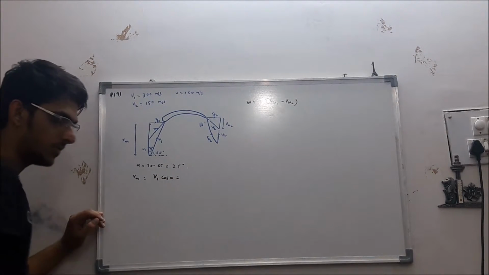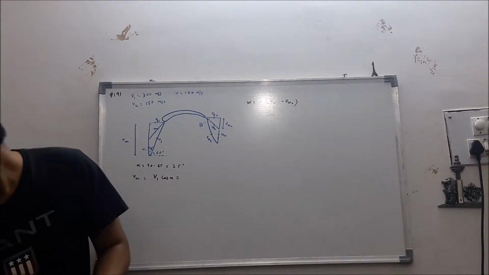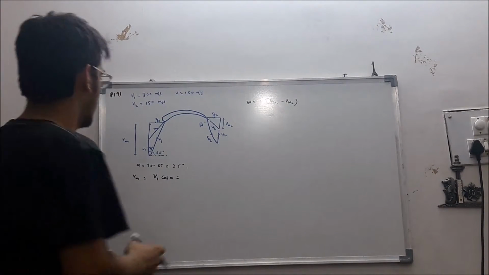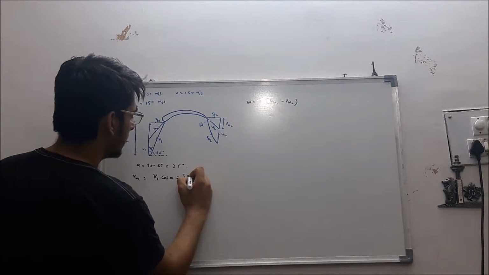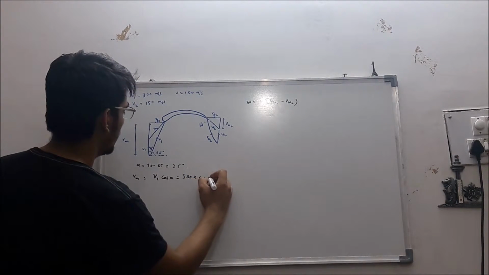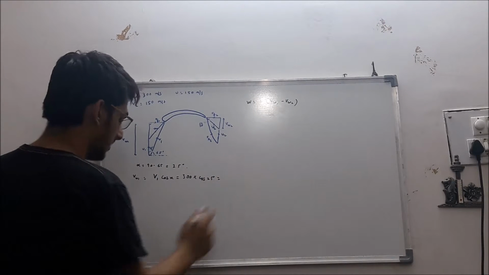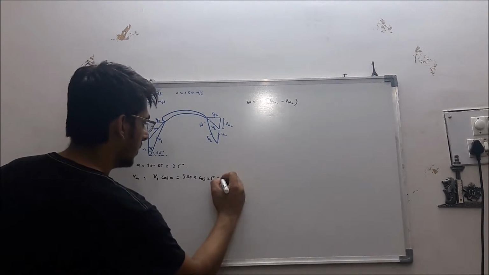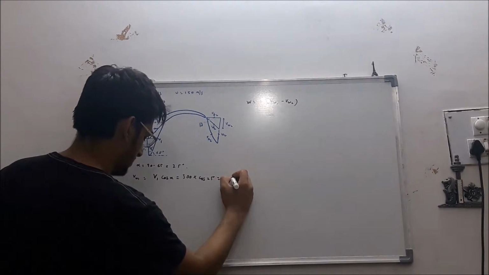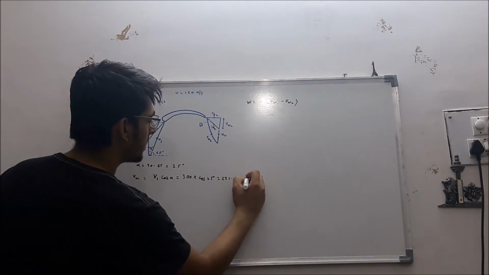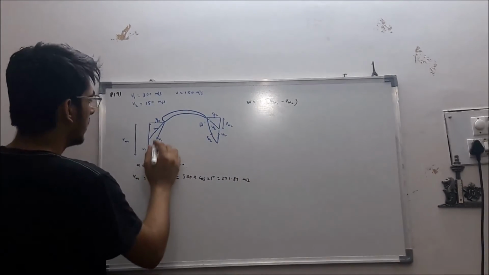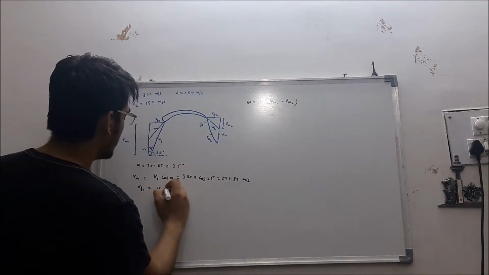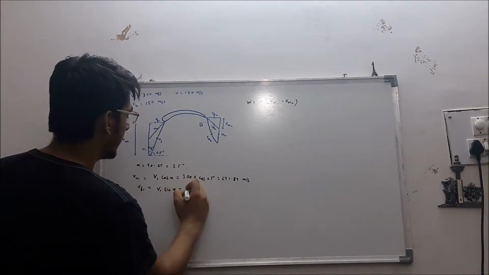So that is equal to 300 into cos of 25 degrees, that is equal to 271.89 meter per second.